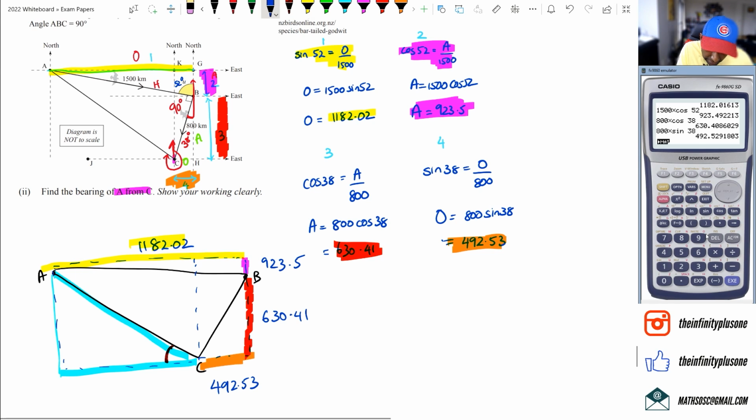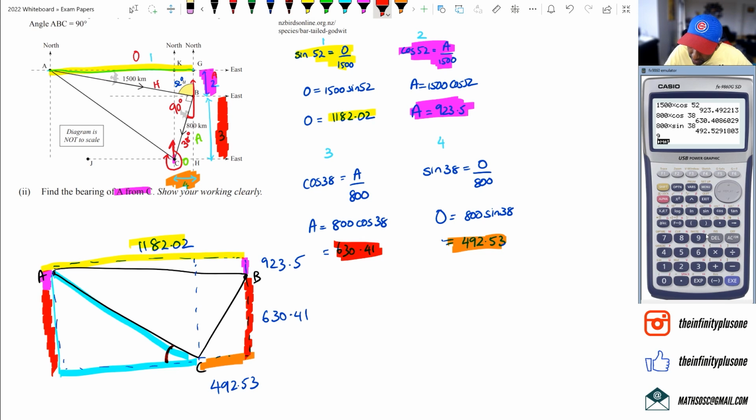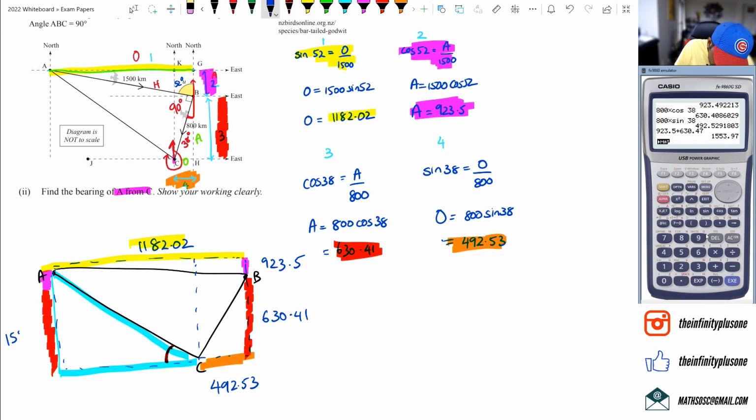The height of the blue triangle is the same as pink plus red, so 923.5 plus 630.41 gives me 1553.97. As for the base, I've got yellow minus orange, so 1182.02 minus 492.53 gives me 689.49.